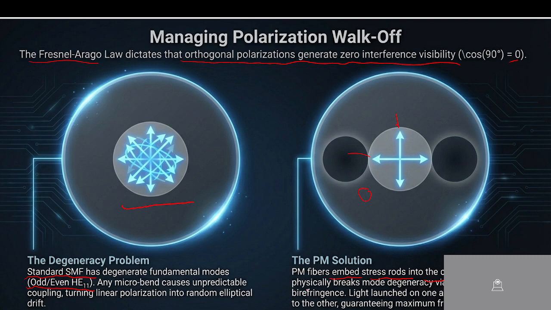This physically breaks mode degeneracy via strain induced birefringence. Light launched on one axis cannot couple to the other, guaranteeing maximum fringe visibility. So that's why PM fiber is a solution for managing the polarization.